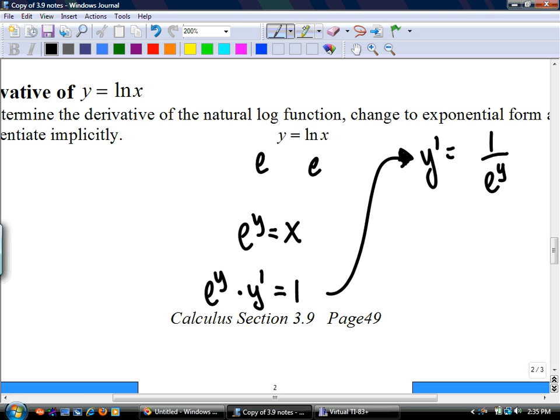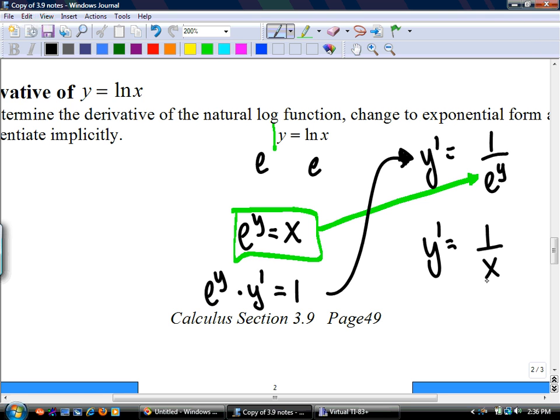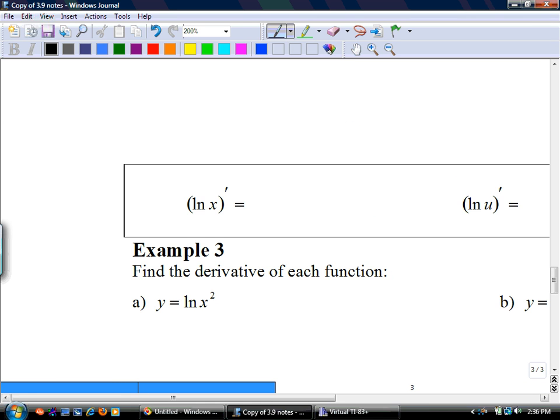Okay, I'm going to get the highlighter out. So the derivative of ln x is 1 over x. Cool?